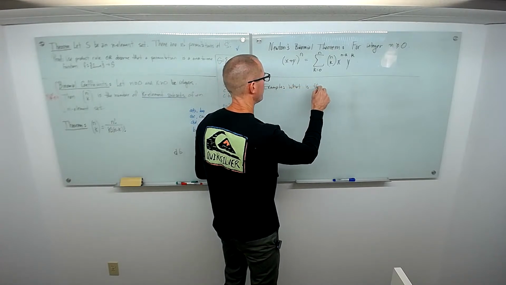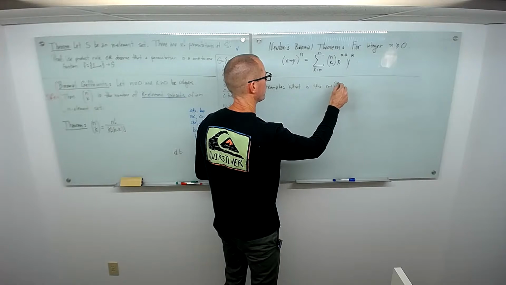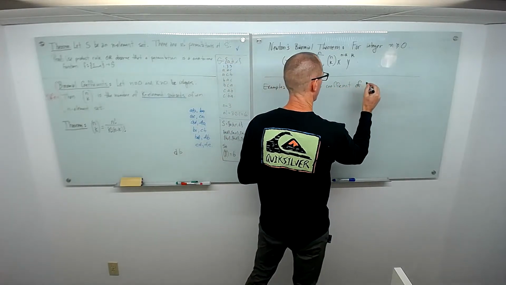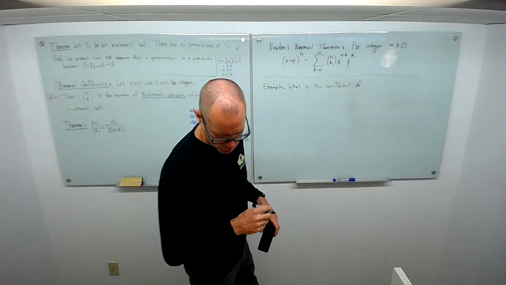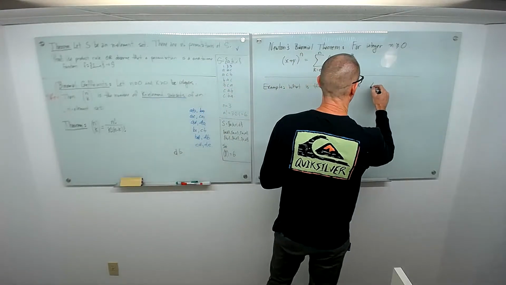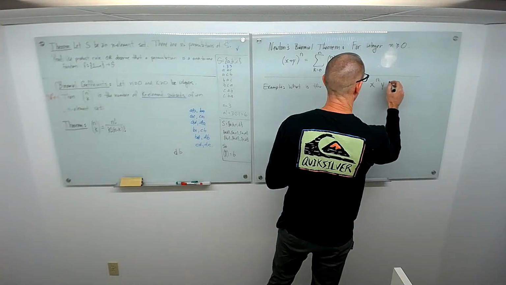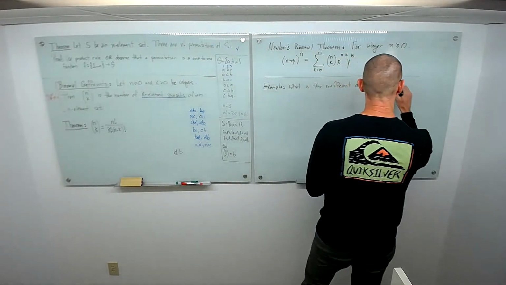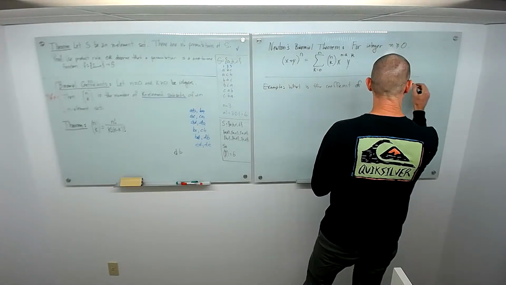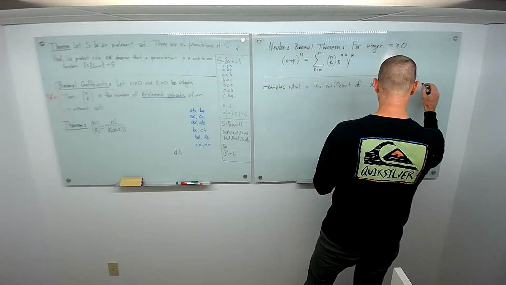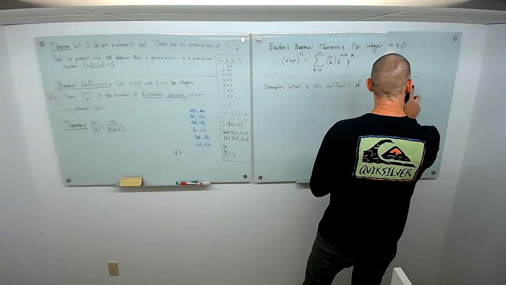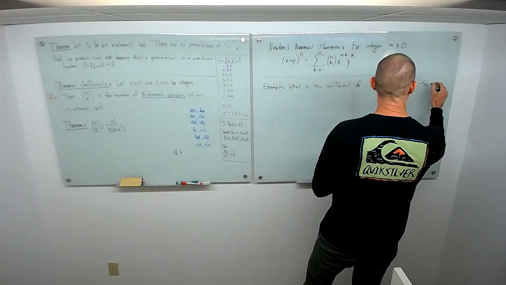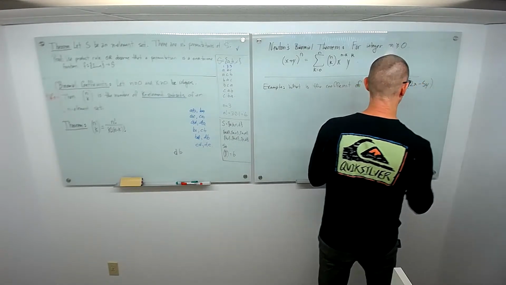What is the coefficient of x to the 12, y to the 13, in 2x minus 5y to the 25?